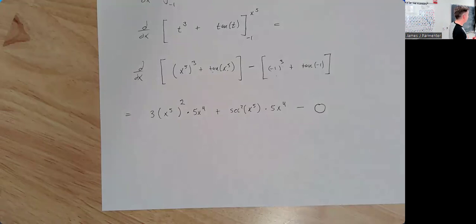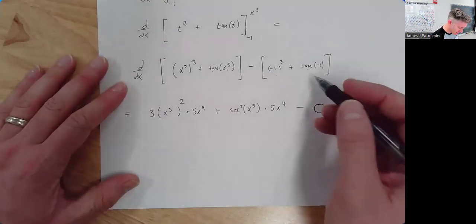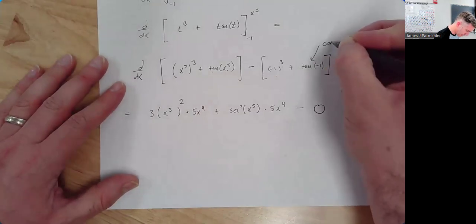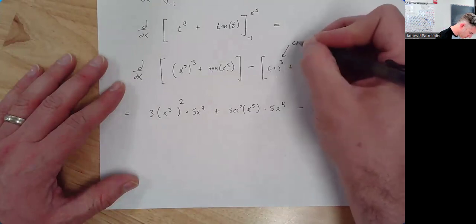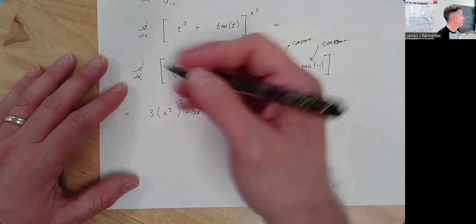When I write tangent of -1, is there anywhere for the variable x to be hiding? No. So tangent of -1, plug it into your calculator, it's probably close to -1 actually. But the derivative of that constant is also 0, which is why the constant part doesn't matter.